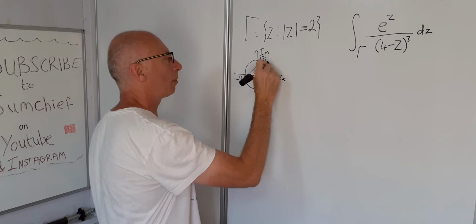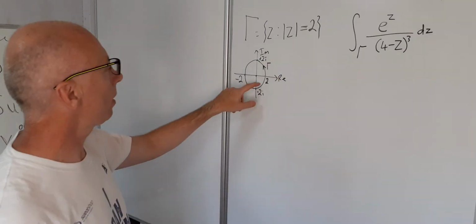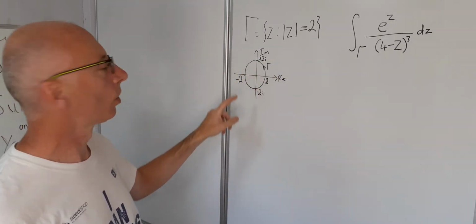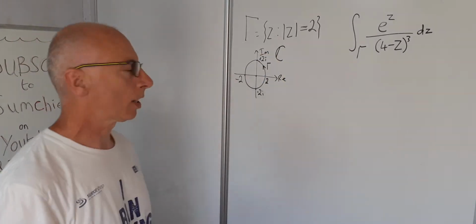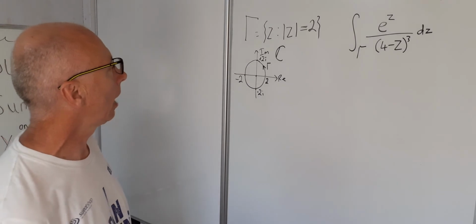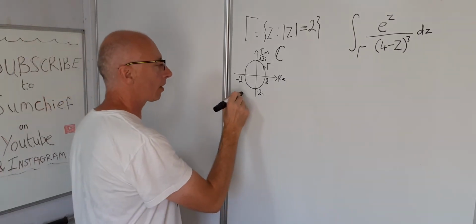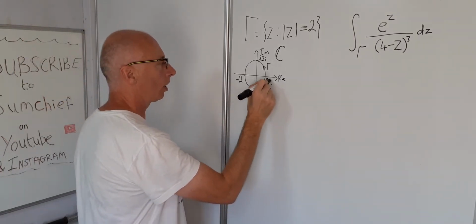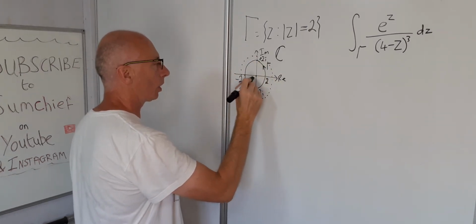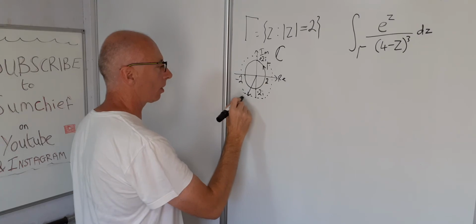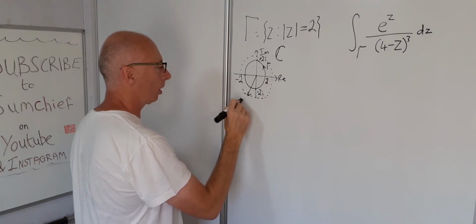Okay, now this region here, this one gamma, we can see that this is a simple closed contour and it's inside the complex plane. And what we could do, we could put that inside another simply connected region, which would give us a radius or a modulus of 3.